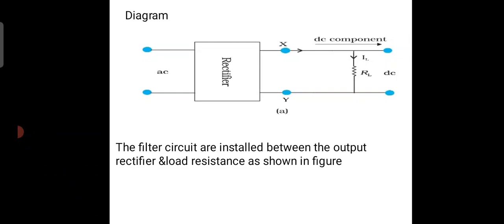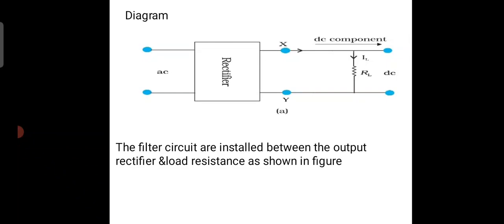After the rectified output passes, the filter circuit removes the AC signal and the DC component reaches the output of the circuit.